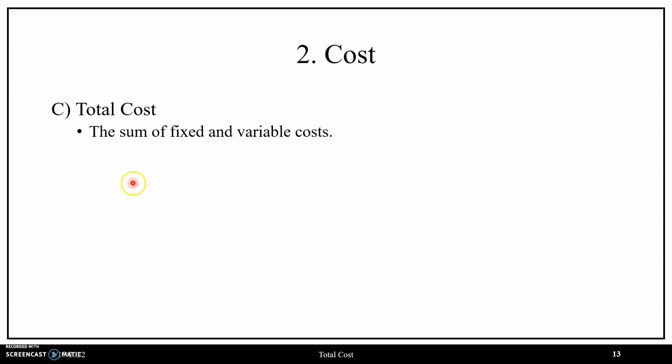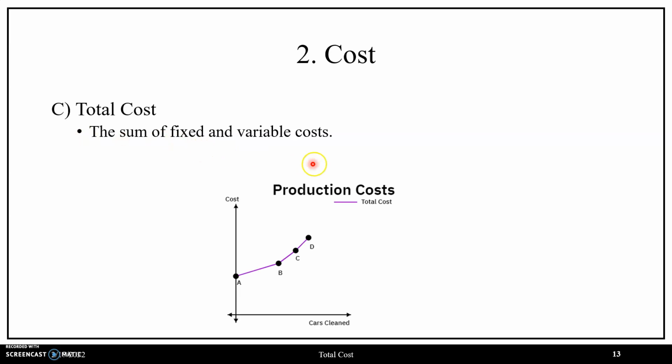Since we know total cost is a sum of fixed and variable costs, what does that mean in terms of the shape of the total cost curve? Well, it's just going to be a translation of our variable cost curve, where cost is going to be on the vertical axis, cars cleaned is going to be on the horizontal axis, where we have a varying total cost structure due to our variable costs, in that if we have 0 labor being used, 0 variable costs are incurred.